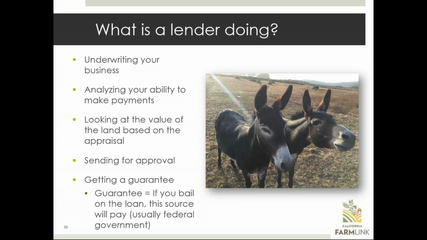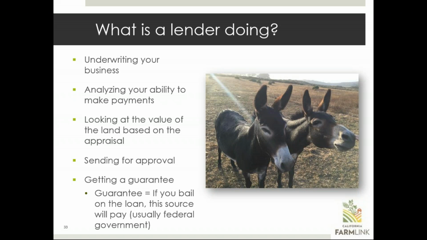So the lender is taking 2 to 3 months. What are they doing? Well, what they're doing is underwriting your business. They're looking at your ability to make payments and comparing that with the value of the land, and comparing the appraisal with the value of the land and the sale price, and making sure that everything lines up.